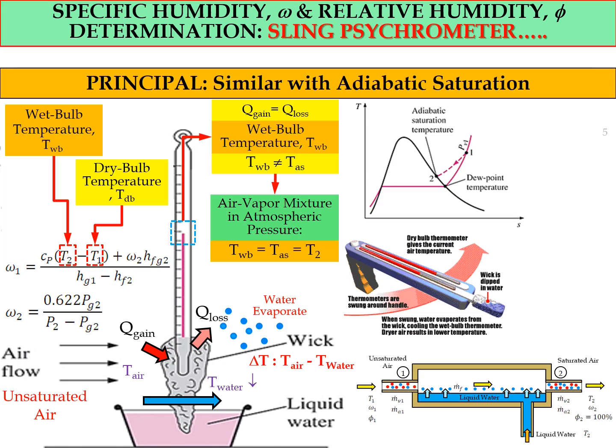By using the sling psychrometer, we can determine the values of T2 and T1. As for the rest, hfg we can determine from the saturated water table based on the T2 temperature, or wet bulb temperature. hg we can also determine from the saturated water table based on T1, the dry bulb temperature.